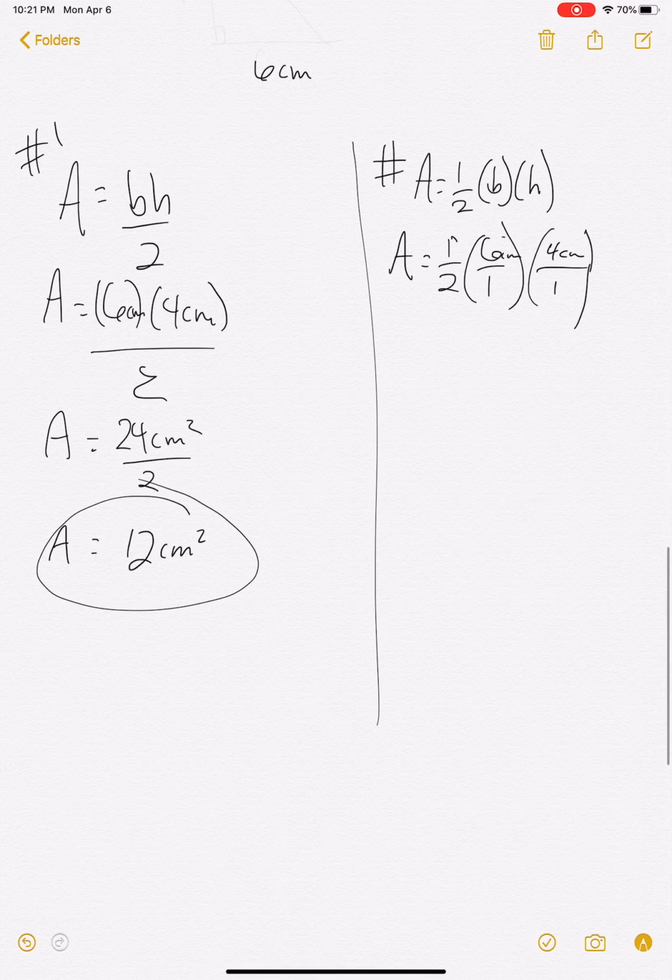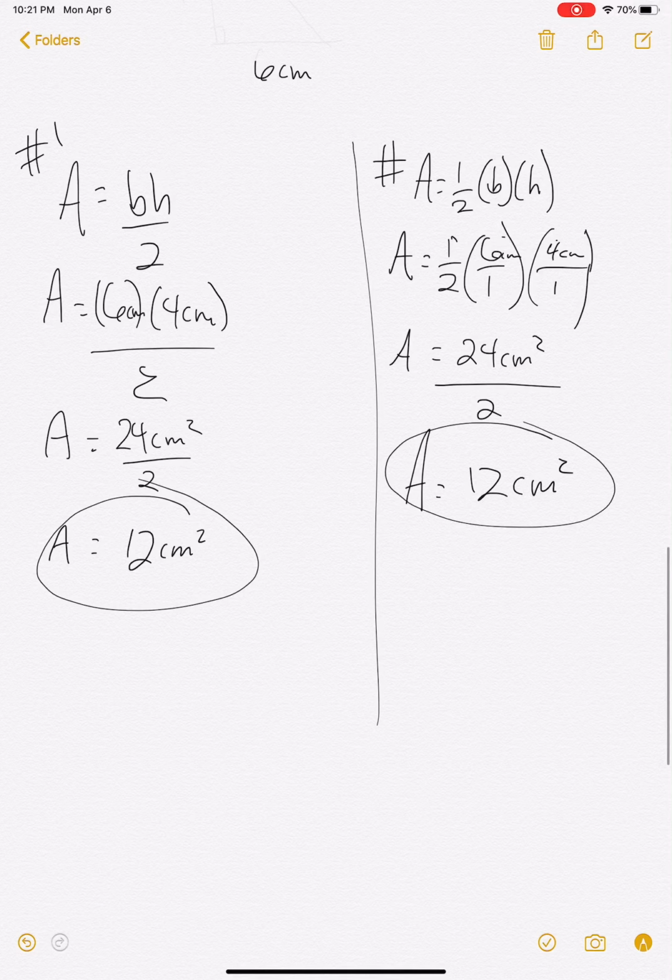So when we times all these together, we are going to get 24 centimeters squared over 2. We're going to simplify. We're going to get 12 centimeters squared. So again, you can see 2 different formulas getting the exact same answer. So this is how you find the area of a triangle.